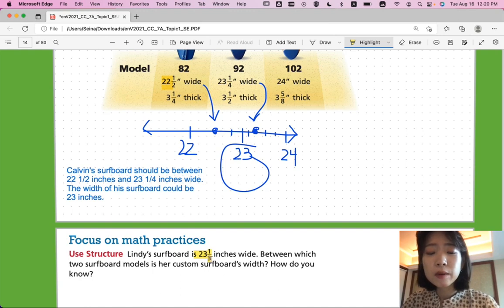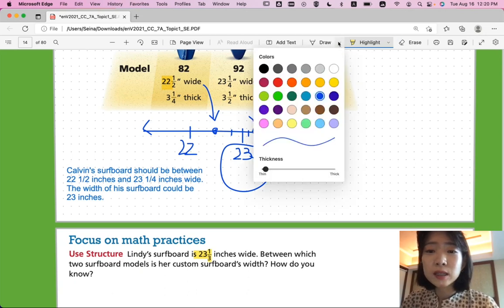So 23 1/3 is greater than 23. Is it greater than 1/4 or less than 1/4? If it's less than 1/4, it's between models 82 and 92. If 23 1/3 is greater than 1/4, it's probably between 92 and 102.